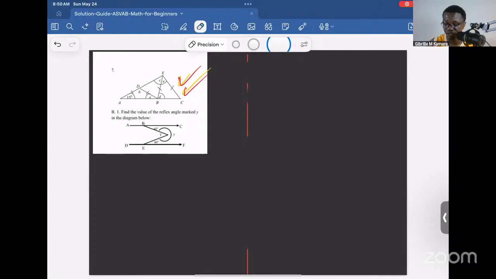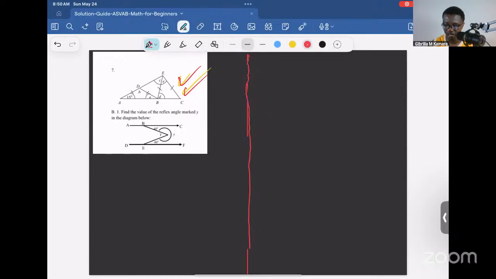So let's get this straight. This line has to be drawn straight. So let's just redraw this diagram and find the answer.